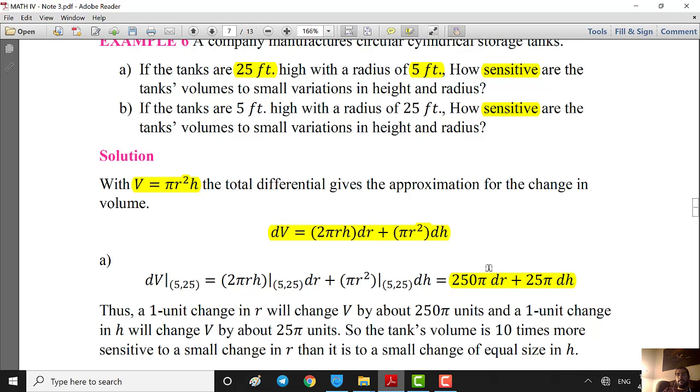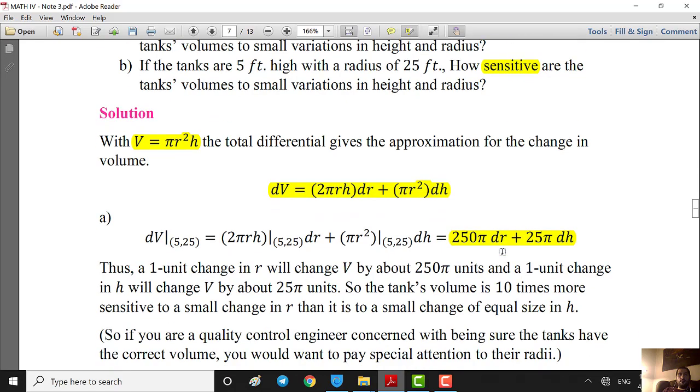Okay? A small mistake in measuring and cutting the base of the tanks is going to cause a lot more error in the volume of the tanks.